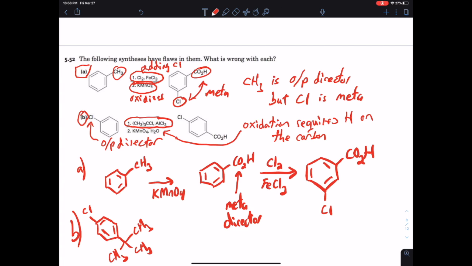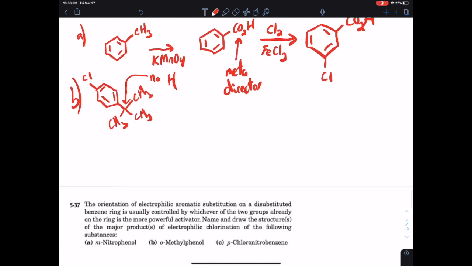It's a tertiary butyl group, but the carbon that's on the ring has no hydrogen, so you cannot oxidize that. So there's the problem with that one.